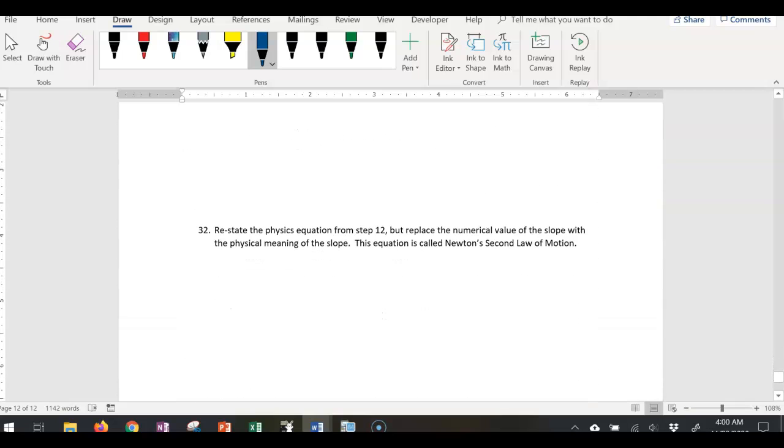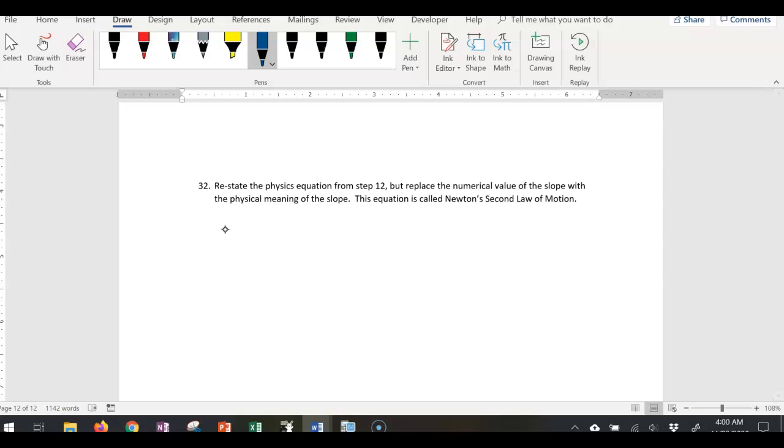And so if we want to restate that physics equation from up above, then that would be acceleration is whatever our slope was times 1 over mass, but we said that our slope equals the net force. So we're going to replace that numerical value with what the slope means, which is net force.